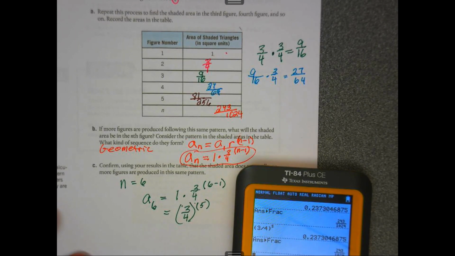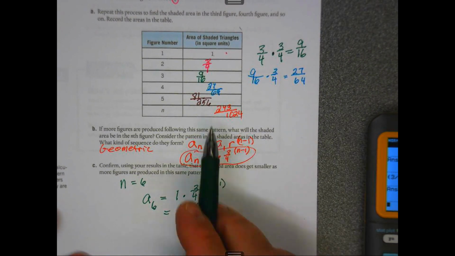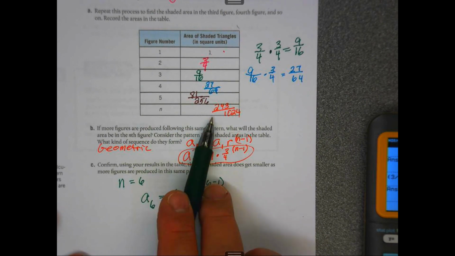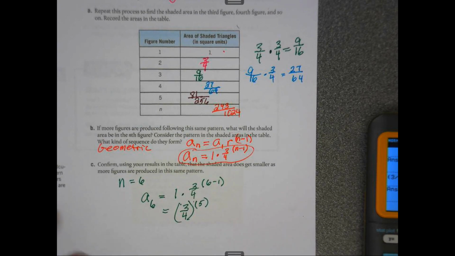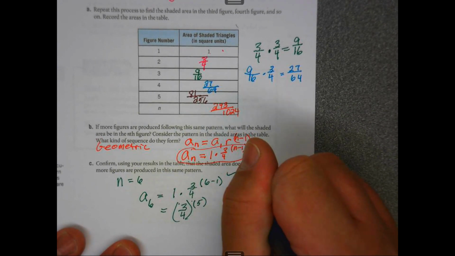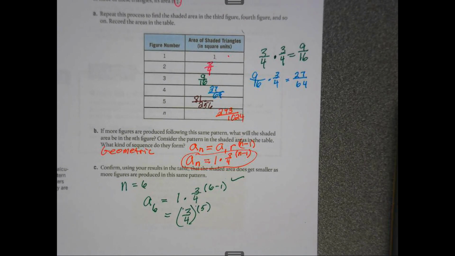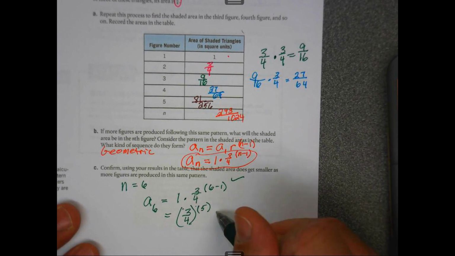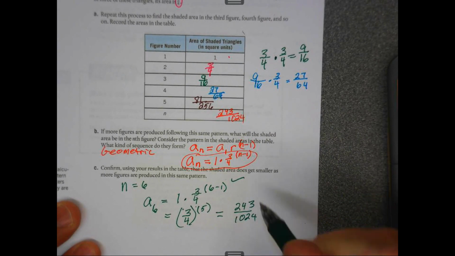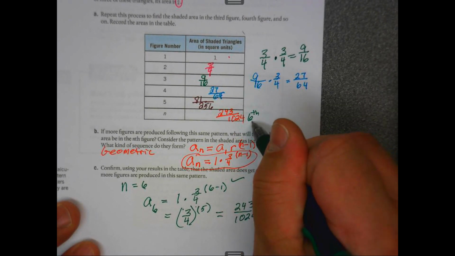Math, enter, enter. And that is the 6th term. This nth term formula, that's what we got. So we just actually proved it. Checks, because this was the 6th term.